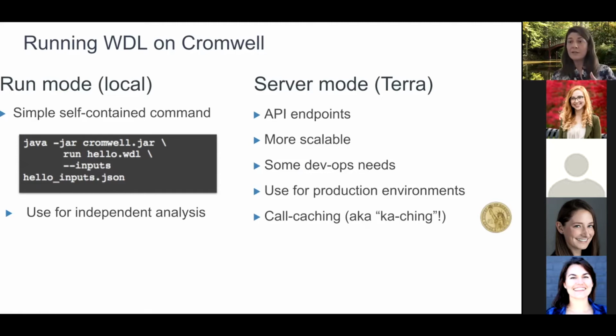Server mode, like the one in Terra, is a little bit more scalable and better for production. It has web-based API endpoints. Because it's using the cloud, it's more scalable. And server mode also has a feature called call caching. This is a cost-saving tool.